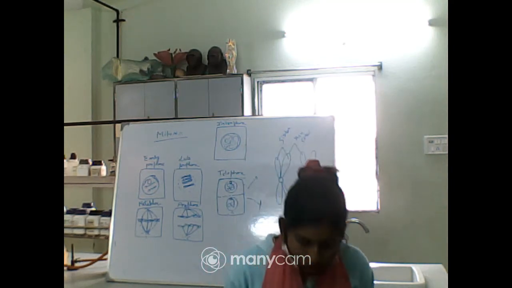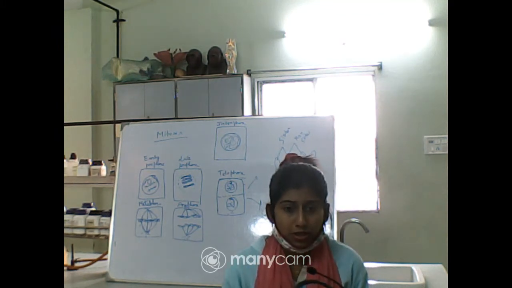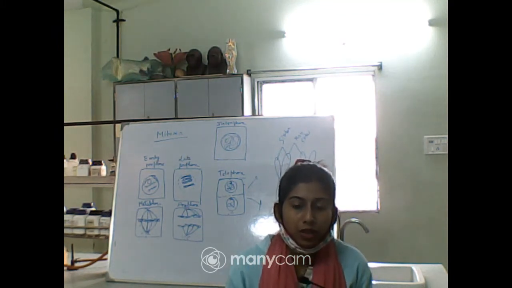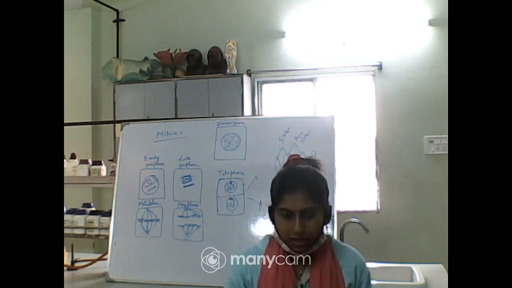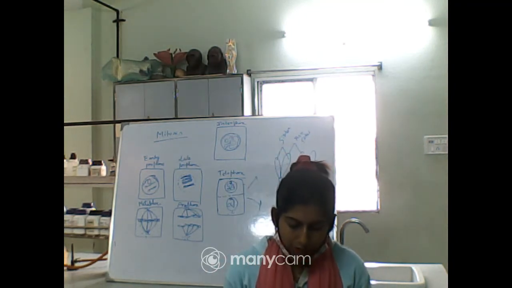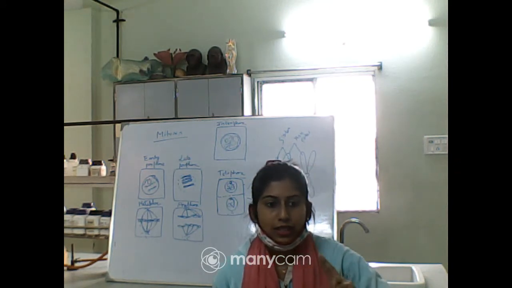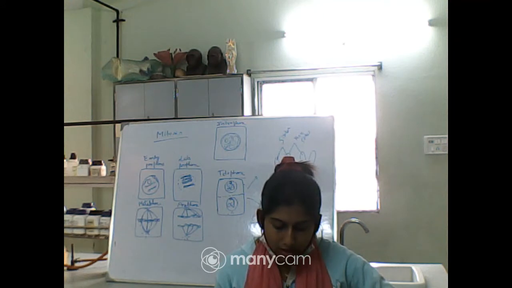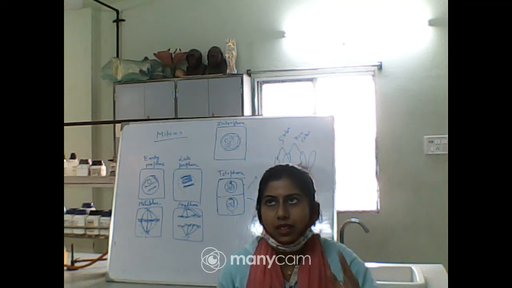Okay, so now our focus is on mitosis, because in our syllabus we have the mitosis type of cell division. Now in mitosis, each cell division occurs in only two phases, or two events. What are they? Karyokinesis and cytokinesis.